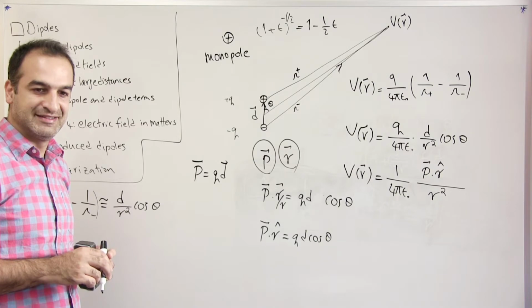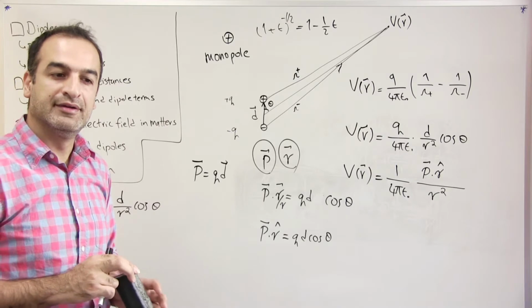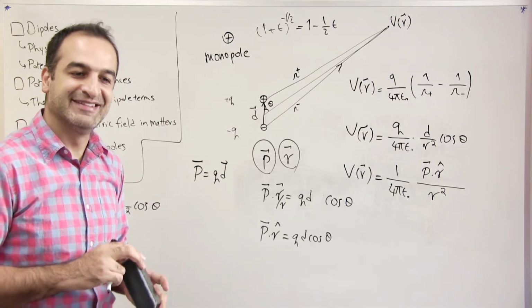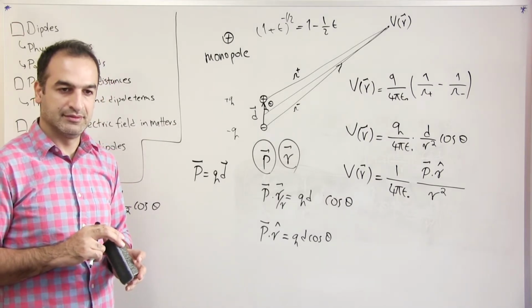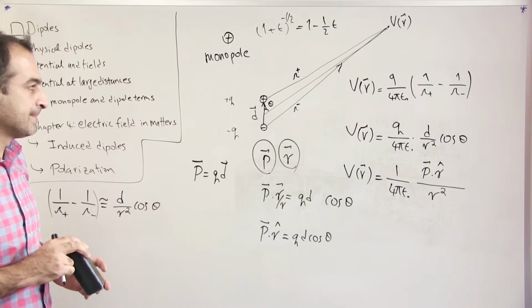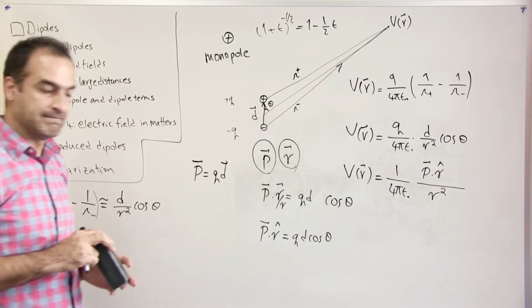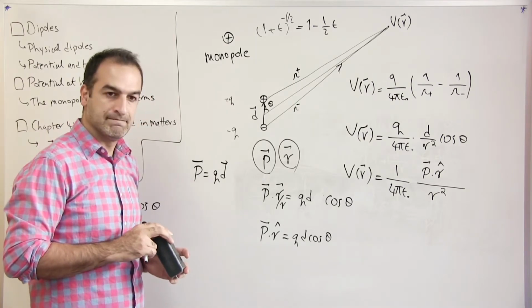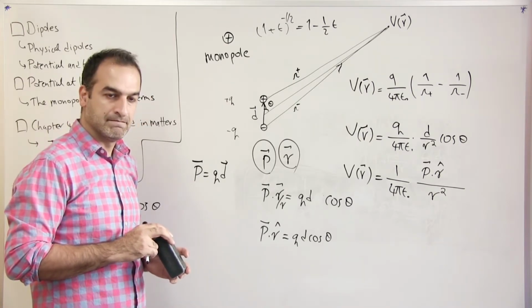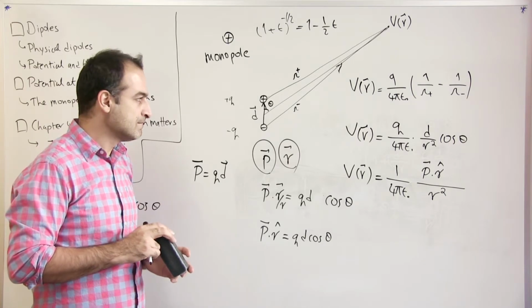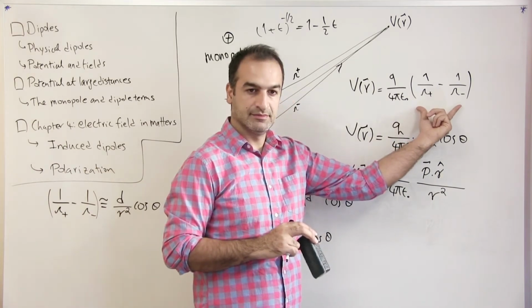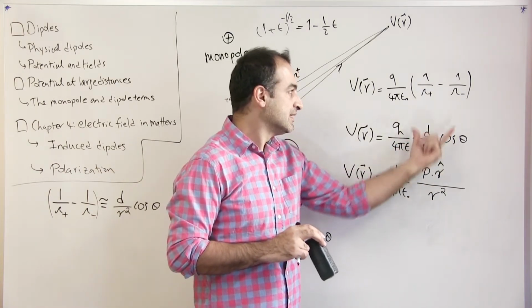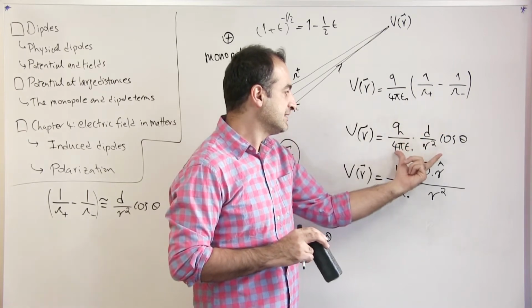Is this equation the same as the one we got before, the one you erased? So this equation with the V of R, where we substituted in P dot R hat. What's the difference between that and the equation when we had 1 over R plus minus, equals 1 over R times the parentheses? Yes, we worked with that one first and we approximated it. So we started from here, and this is an approximation.